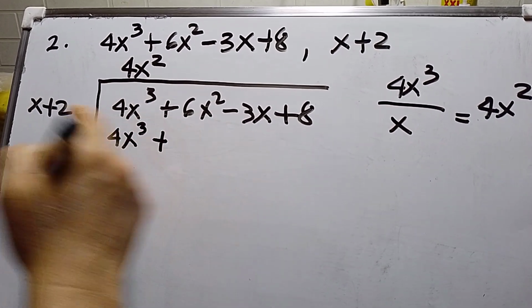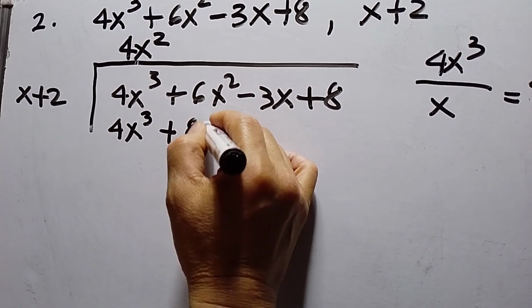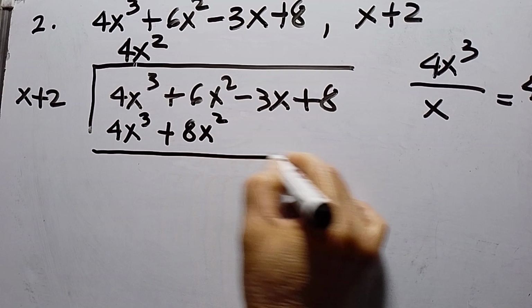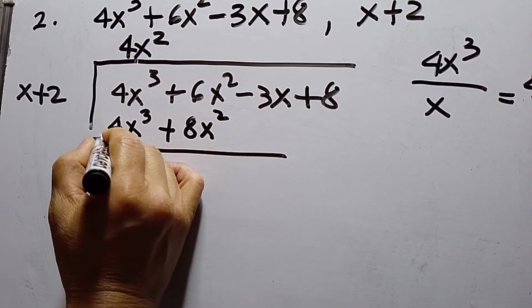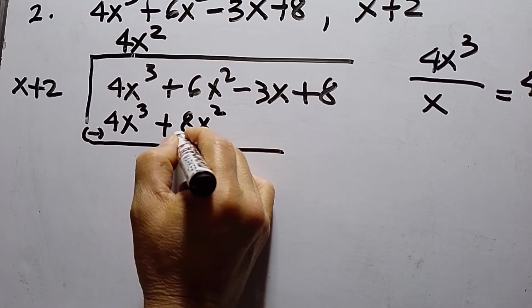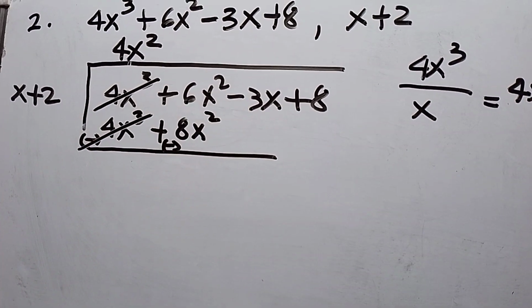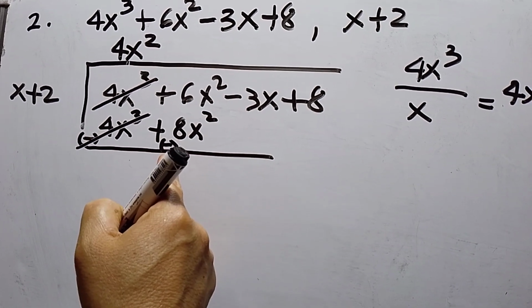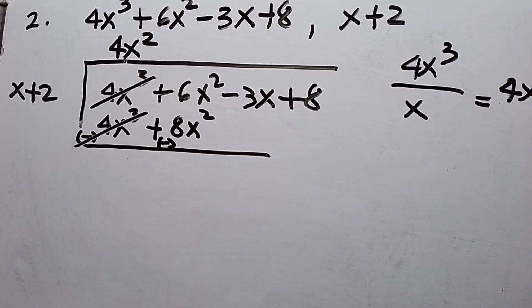Then plus 4x squared times 2 will be 8x squared. Okay, again we have to change the sign of the product. So I have here negative, and this one also negative. So 4x cubed minus 4x cubed will be crossed out. Then I have the new sign for the product, which is negative 8x squared plus 6x squared.